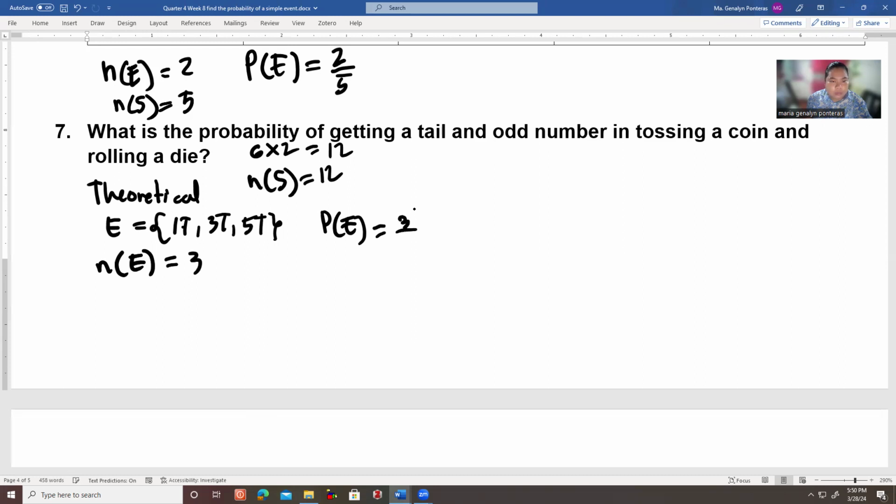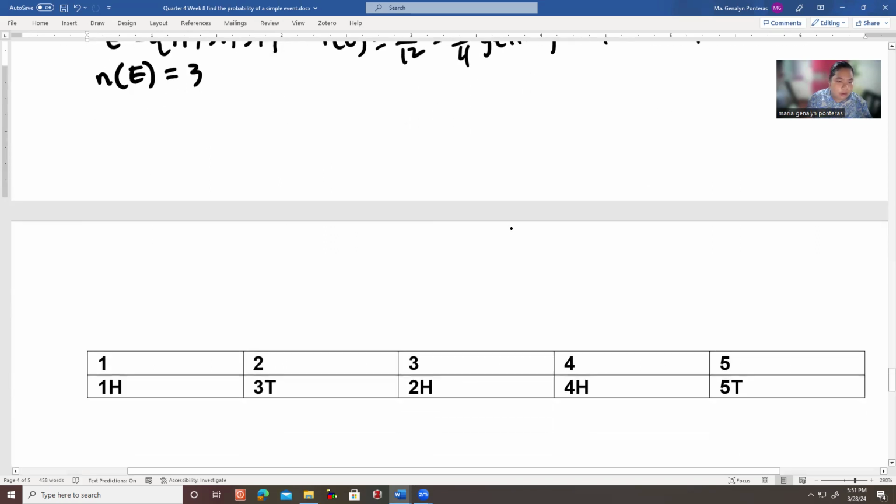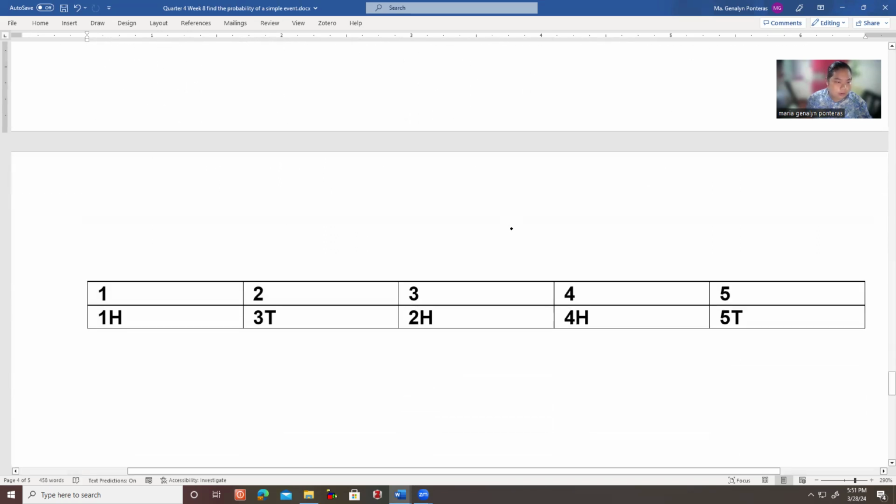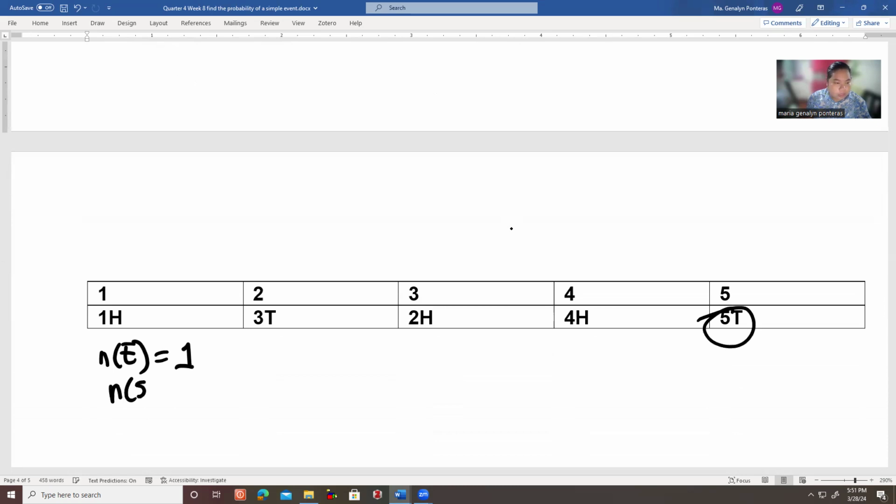So that is 3 over 12, and that is 1/4 for getting odd and tail. Here, we want odd and tail. So we only have one, which is 1 tail. So cardinality of sample space is 5. So in experimental, P of E equals 1 over 5.